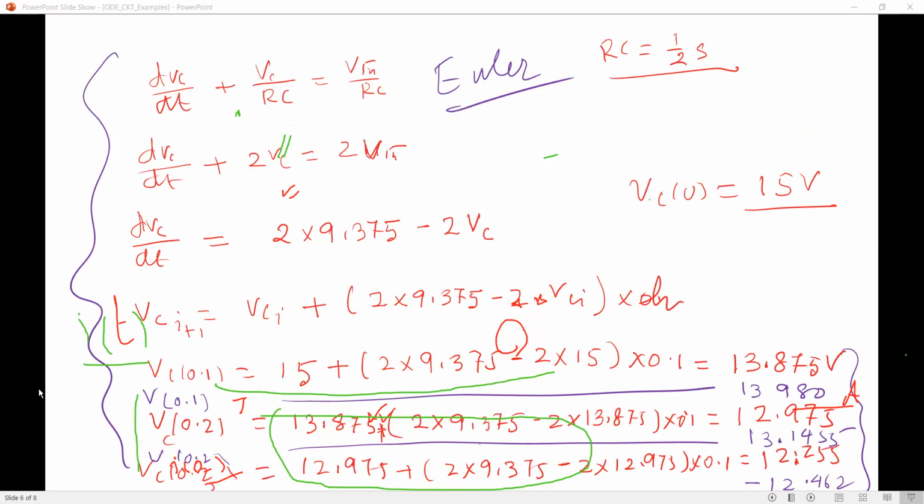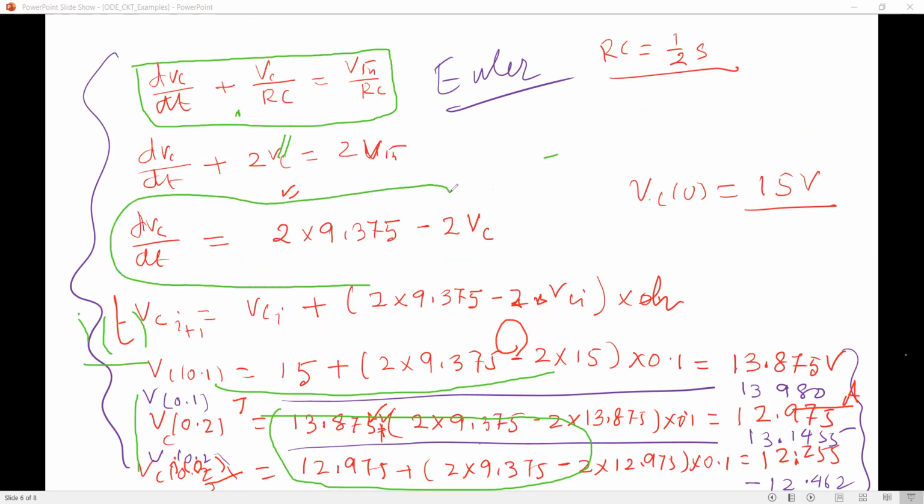And if we represent it with our Thevenin voltage equal to 9.375 volts, then this is your equation, and this is the slope.